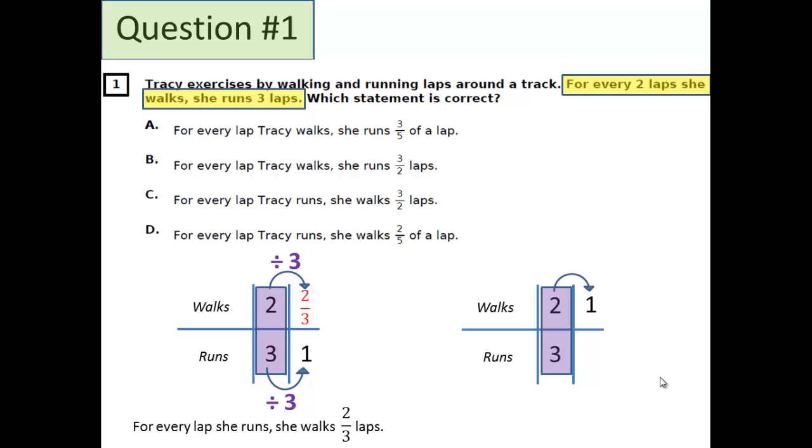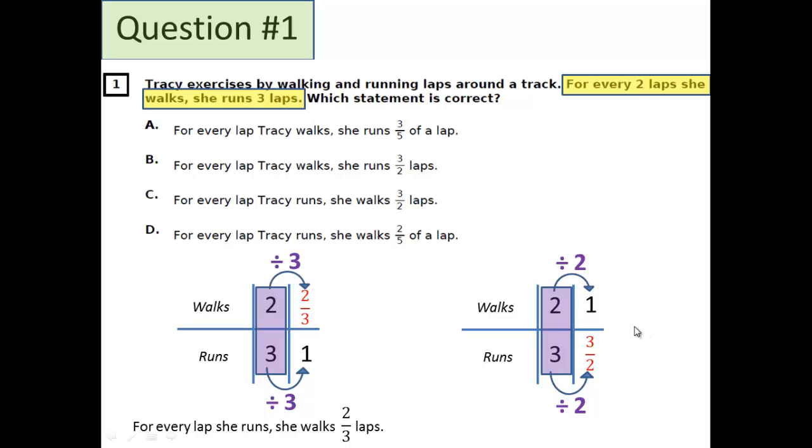Highlight what you know. Draw the arrow. How do you get from 2 to 1? Go ahead, call it out. And whatever you do to the top, you do to the bottom. 3 divided by 2, same idea as before. Now you could have made this 1.5, but I noticed in the problem that they left improper fractions as they were.